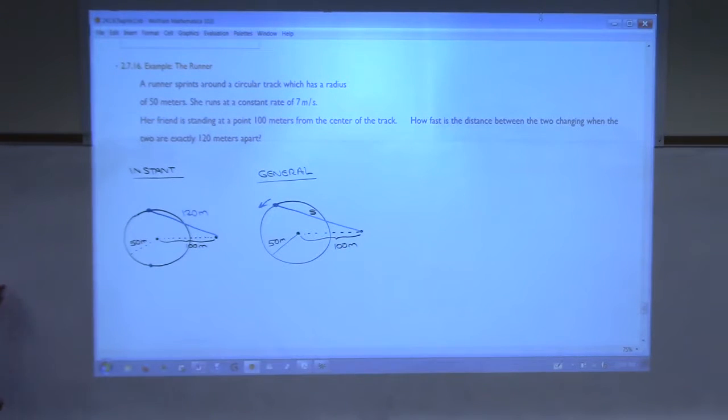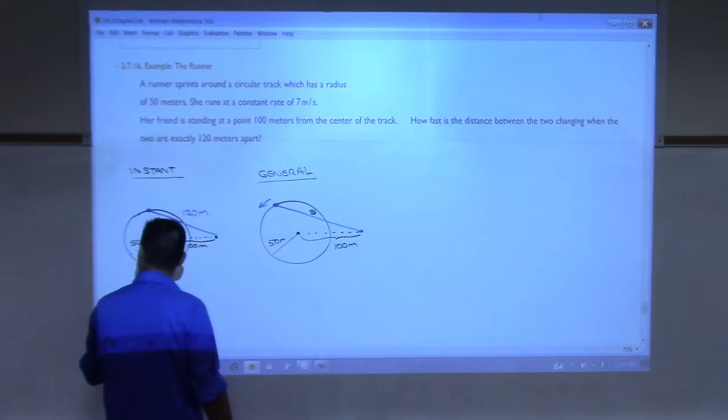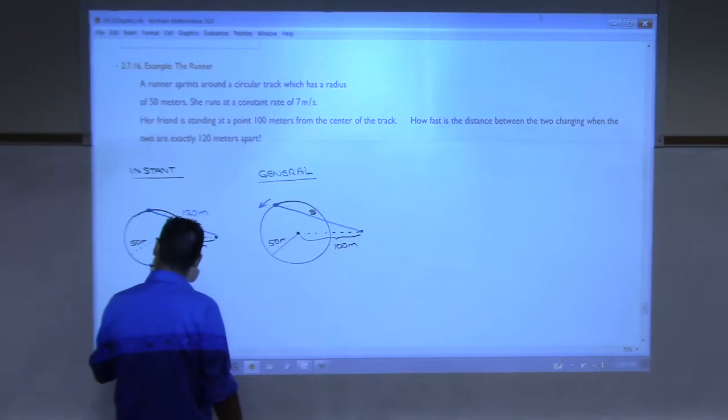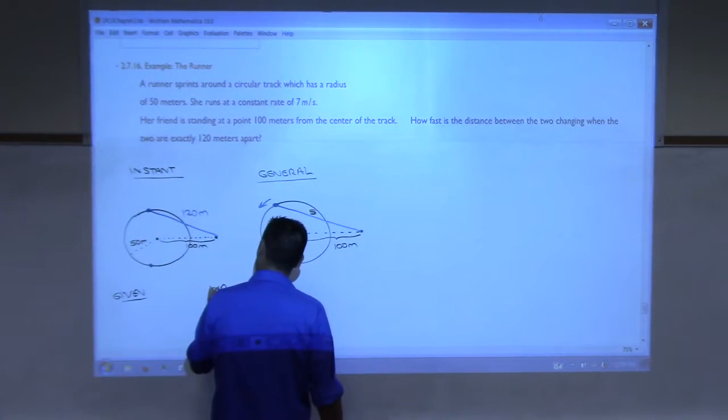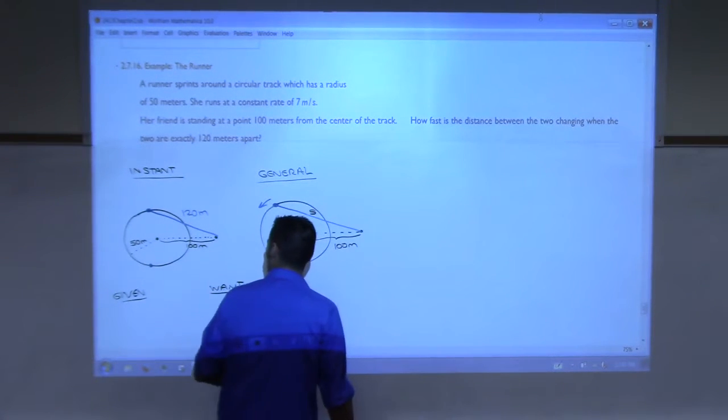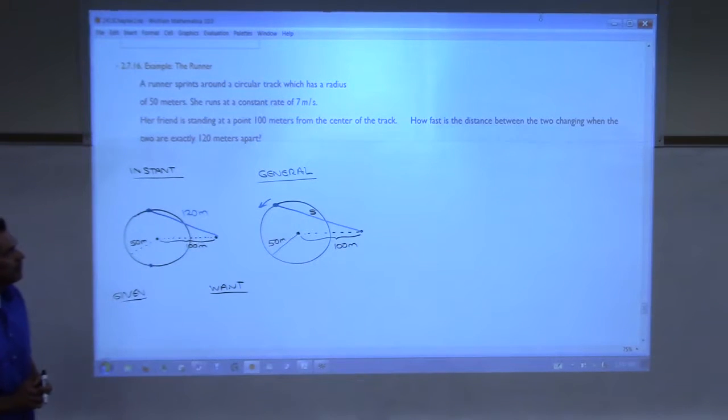All right, we might want to talk about what we are given and what we want here. Do we know any, well, you tell me, I mean. 7 meters per second is the runner's speed, right?